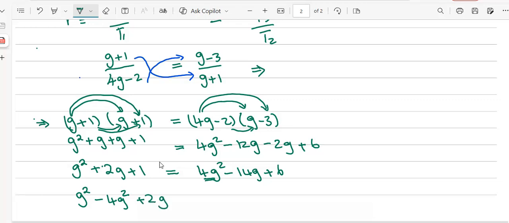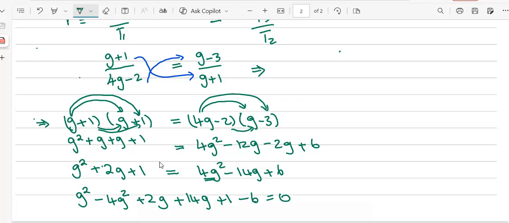Let's move the minus 14g to the other side to be positive 14g. Remember, if you move the number to the other side of the equation, it changes the sign. Then we have plus 1. Let's move the 6 to be minus 6. Equate this to 0.